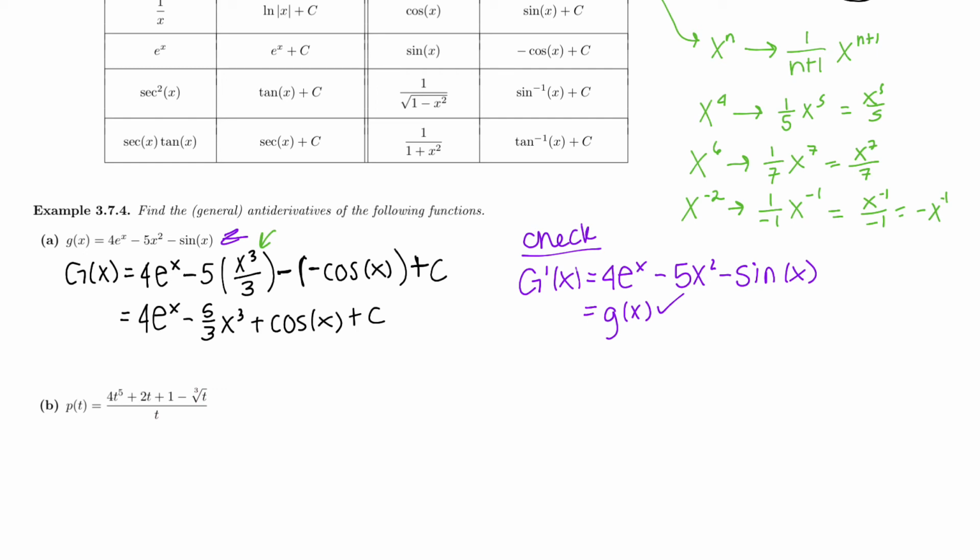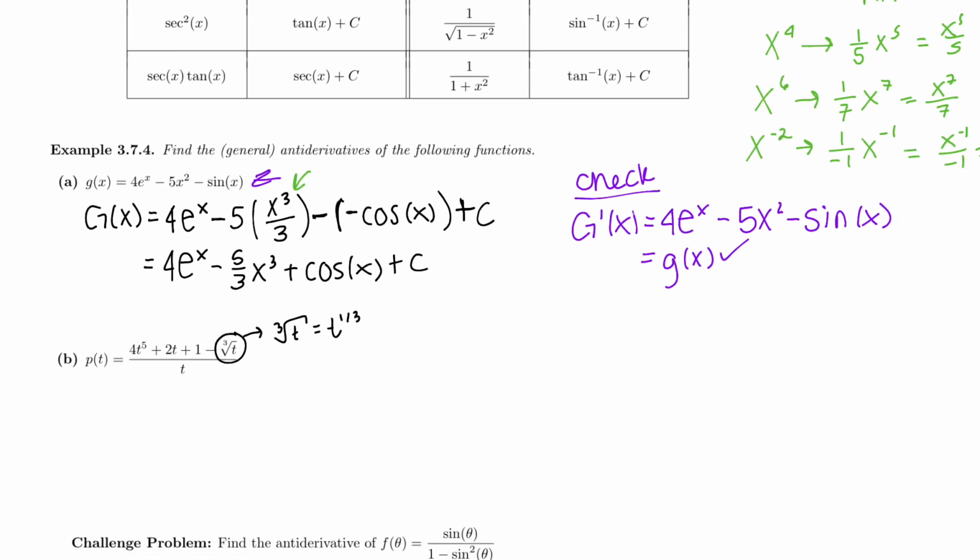As a hint, the cube root of t is the same thing as t raised to the 1/3 power. So distribute the denominator to everybody, simplify, then use the rules above to find the antiderivative. I'm going to give you, let's say, 3 minutes.